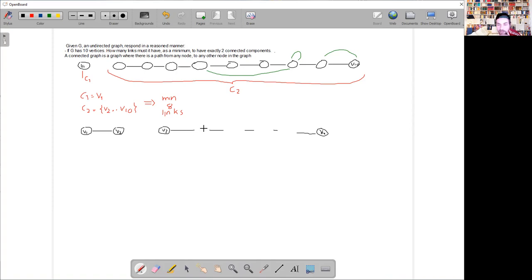Just imagine that we have all the other nodes here, right? I think I will draw them all so the picture is more clear. I need to draw 6 vertices here. 1, 2, 3, 4, 5, 6, right?